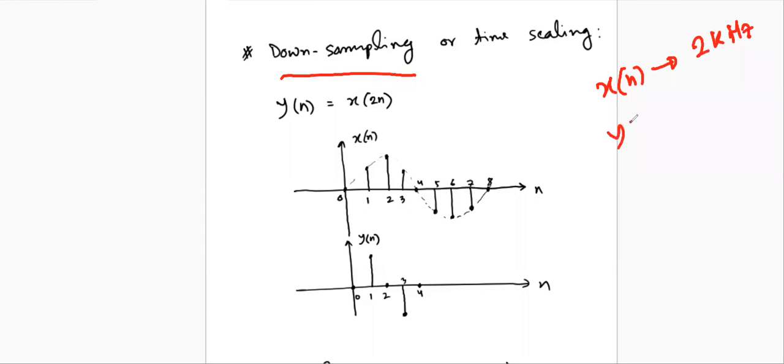What could be the frequency of y[n], where y[n] is equal to x[2n]? The example is already given here. What is the frequency of this signal y[n]?